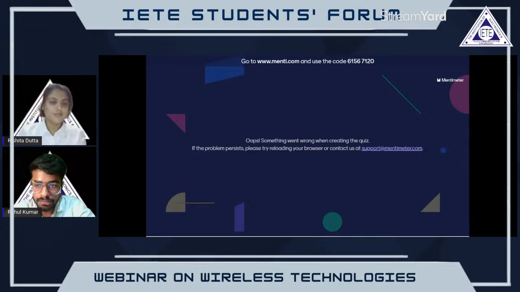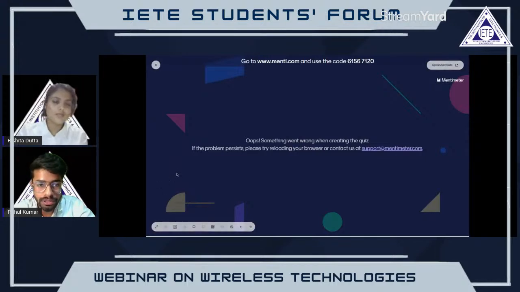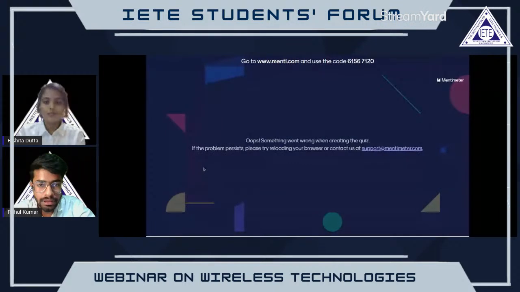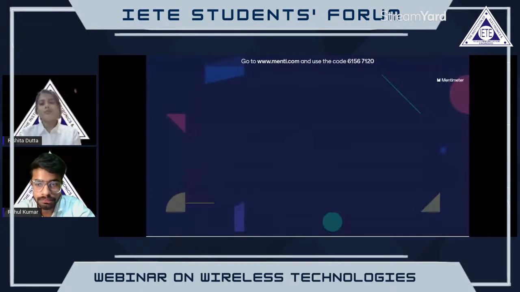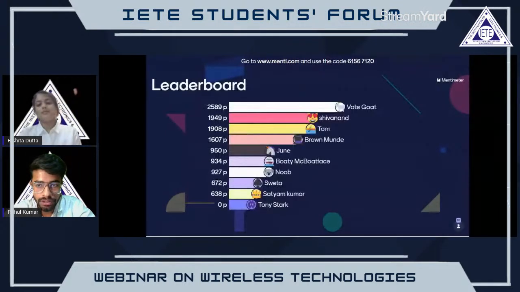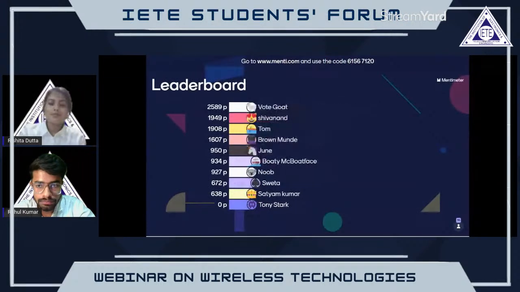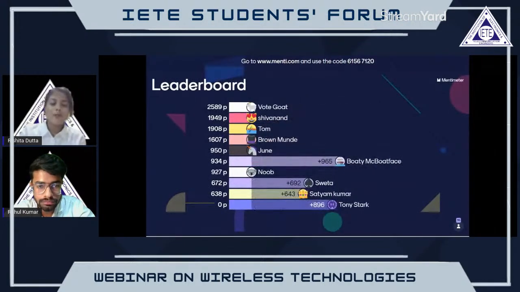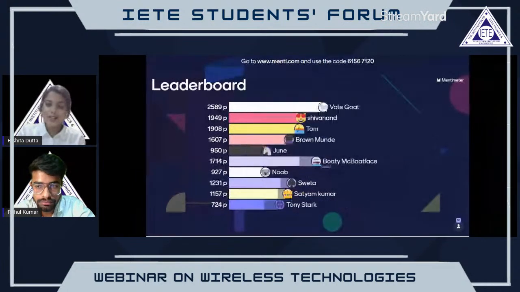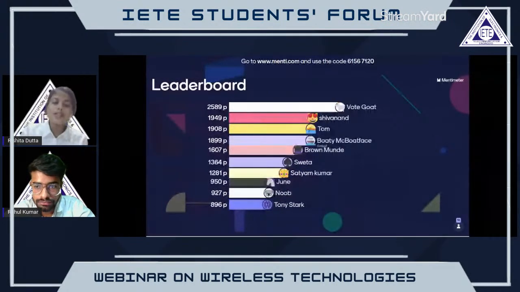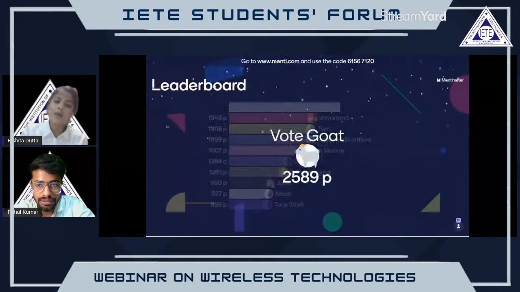Okay, I think there's some problem with the quiz. Let's wait for a while. So while we wait for the winner to be announced, let us look at the leaderboard and see that no one has bagged 0 points.